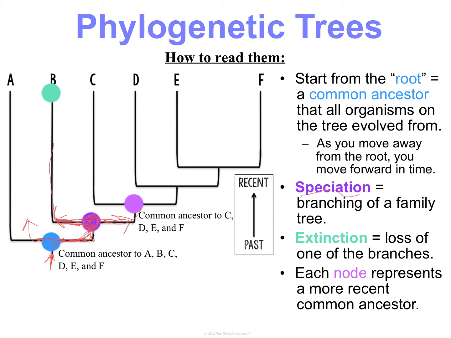Where the species line stops and nobody else is evolving from that particular species, we call that extinction. So that's the loss of one of those entire branches. But these continue on here. Each node represents one more common ancestor and another common ancestor.